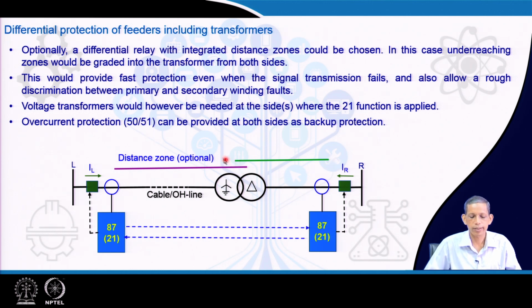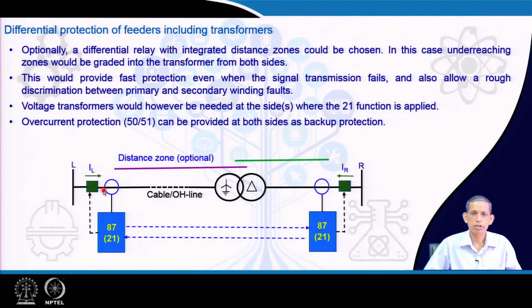So it ensures that, as already known, the impedance of the transformer is larger. That also indicates whether the fault is inside the transformer or not, and that is the advantage we can exploit if the 87 is supplemented by the distance perspective. However, we require a voltage signal for that also.